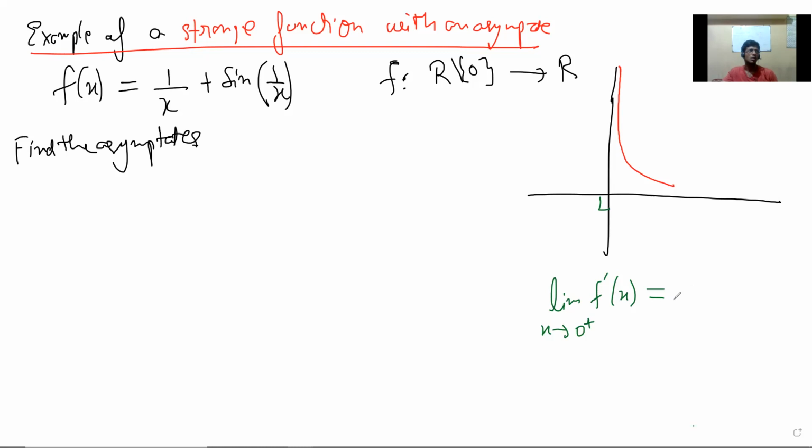So you mean to say tan of pi over 2, infinity. You just want minus infinity or something like that, that the function steeply comes down. That's the meaning of a vertical asymptote, or it steeply goes up as you go to the left. If it was just an MCQ, maybe you would say there's a vertical asymptote and the limit of the derivative is this. I maybe would have written this too.